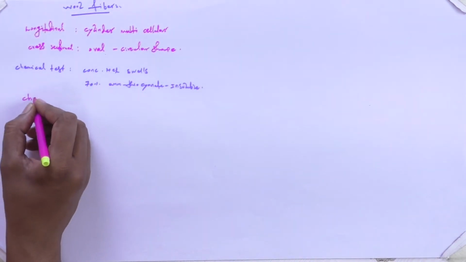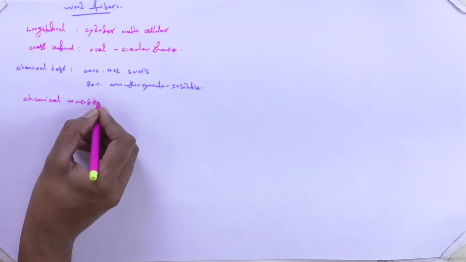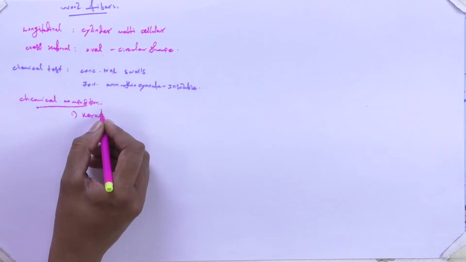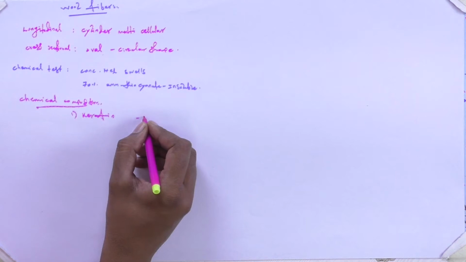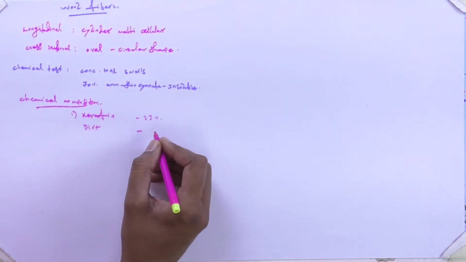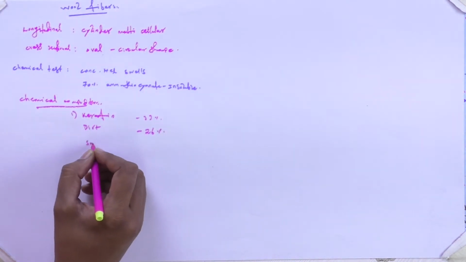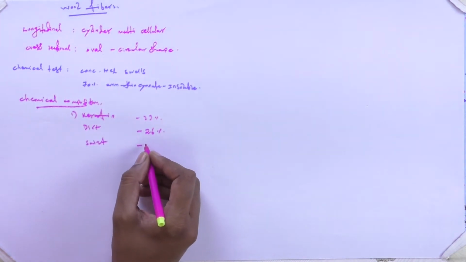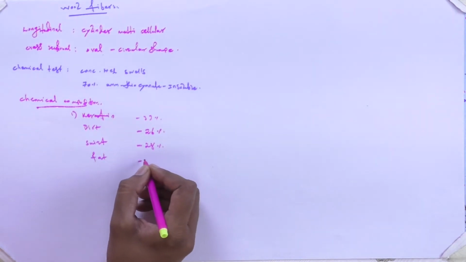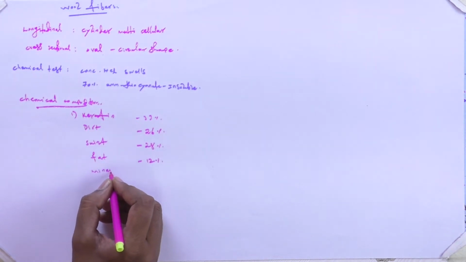The wool fiber chemical composition is keratin 33%, some dirt, because wool fiber contains too much dirt, 26% soot, 28% fat, because it is a protein fiber and definitely contains fat, 12%, and minerals 1%.